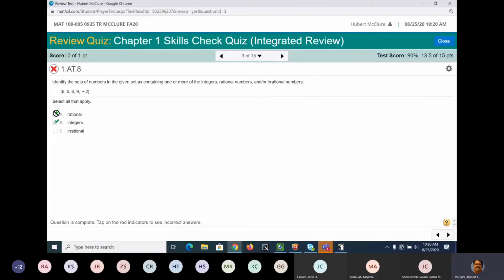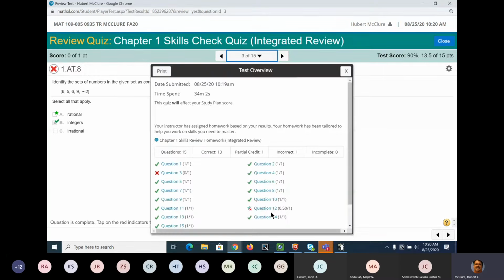I told you they could be both, remember? I said you could make an argument for rational also, because you can predict these on a number line. I did say that, but I didn't know that they were really going to. So I did say that in my defense. What's this one?